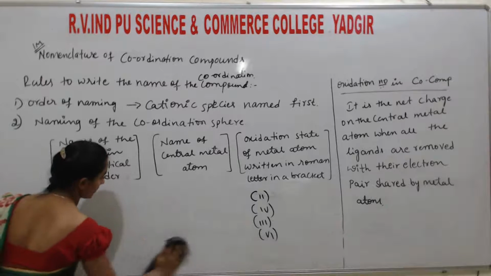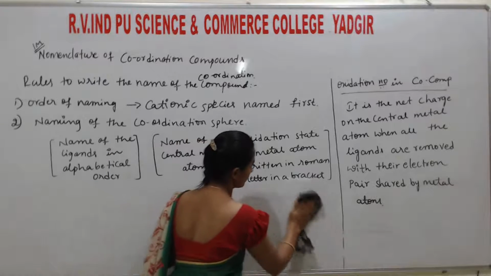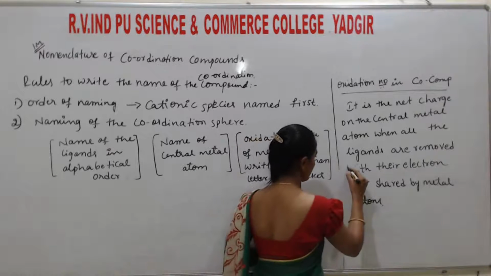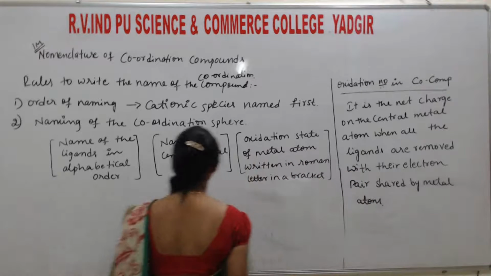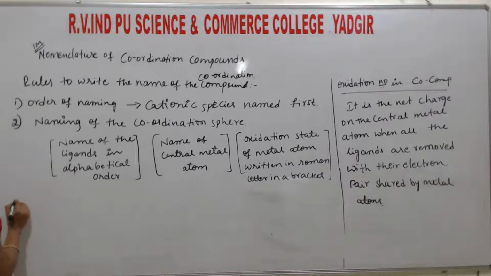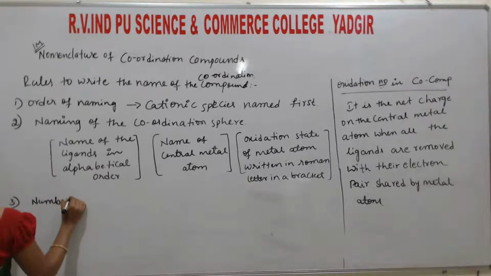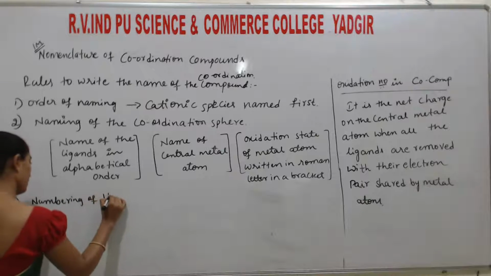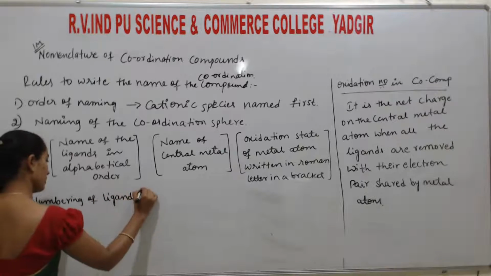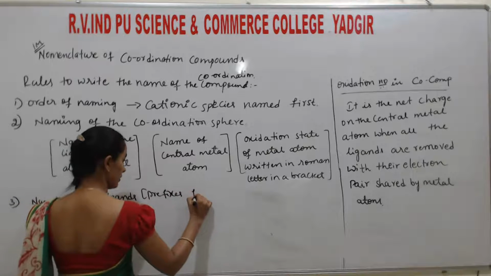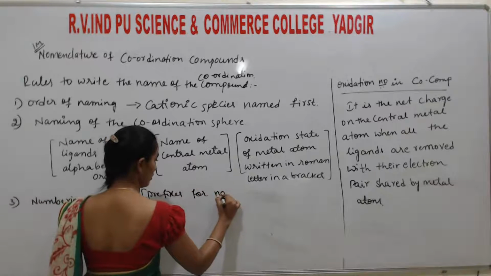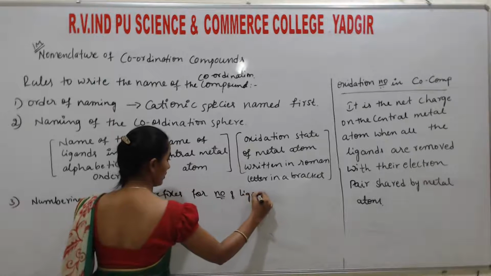Okay. The third one is the numbering of ligands, that is, prefixes or number of ligands.